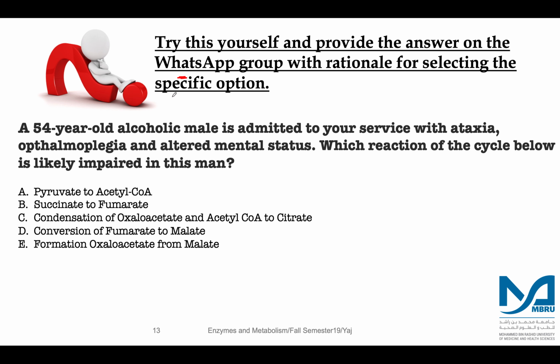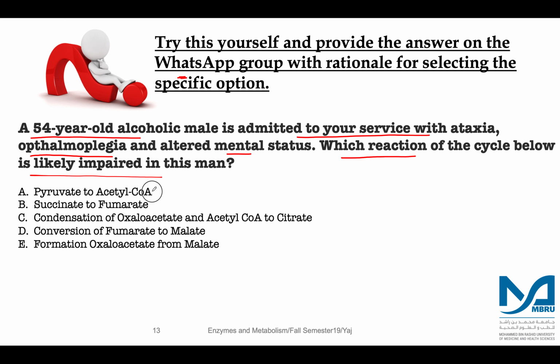reasoning. So the question is, a 54-year-old alcoholic male is admitted to your service with ataxia, ophthalmoplegia, and altered mental status. Which reaction of the cycle below is likely to be impaired in this man?